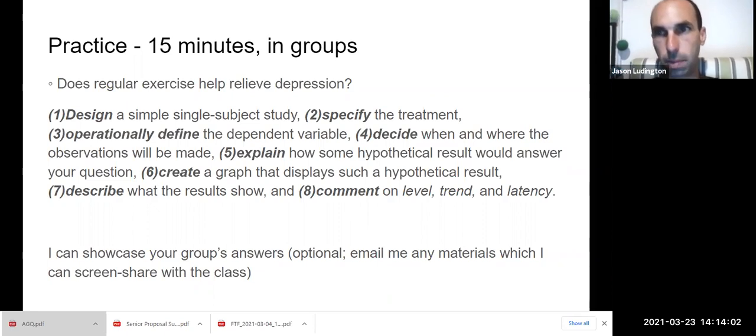I don't know if the chat box allows you to attach things or not. But anyway, somehow you get your answers to me, probably by email, then I could visualize them here for you, to let you explain what your group came up with.